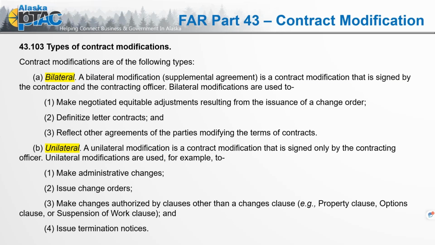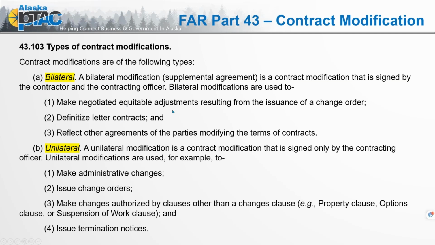Quite simply, a bilateral modification, or supplemental agreement, is a contract modification that is signed by the contractor and the contracting officer. It gives you a couple of ideas what bilateral modifications are used to do. Negotiate equitable adjustments resulting from the issuance of a change order. Since it's item number 1 right here in the FAR, this is a very important factor.